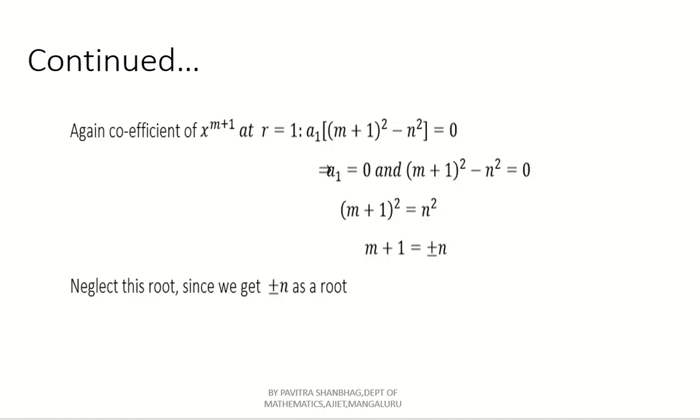That is what we have written here: a1 into (m plus 1) whole square minus n square, equate it to 0. Now, since we have already chosen a naught not equal to 0, we should not put the same condition for a1 also. We can equate both factors to 0: a1 equal to 0 and (m plus 1) whole square minus n square equal to 0. But the thing is, (m plus 1) whole square equal to n square, can we write? If you take the square root, m plus 1 equal to plus or minus n.